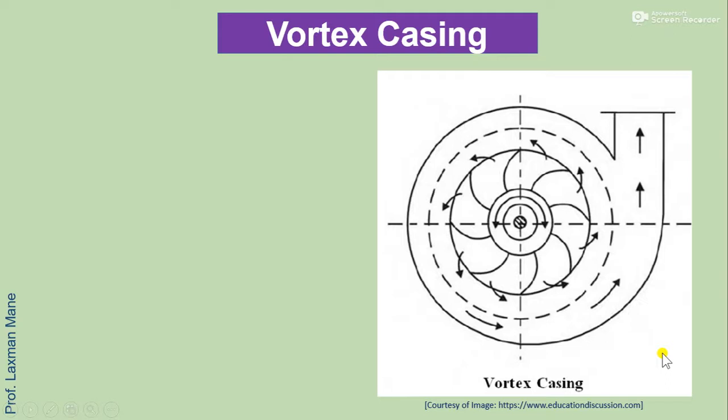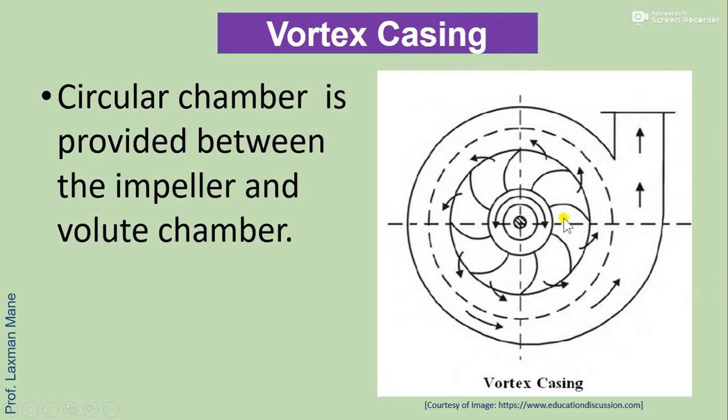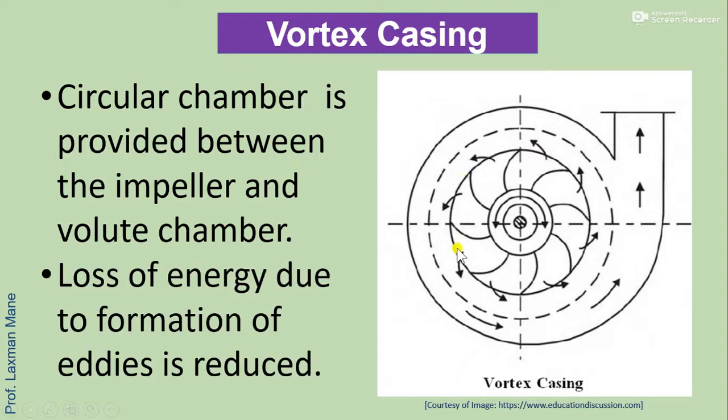In this kind of casing, circular chamber is provided between the impeller and volute chamber. So here you can see a circular chamber is shown with dotted line. Because of vortex casing or this circular chamber, here loss of energy due to formation of eddies is reduced.